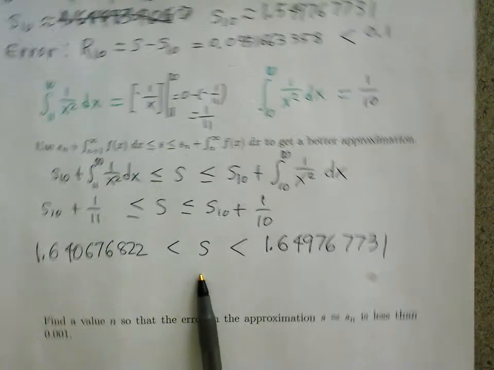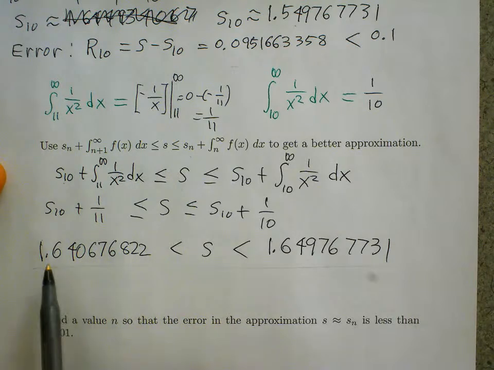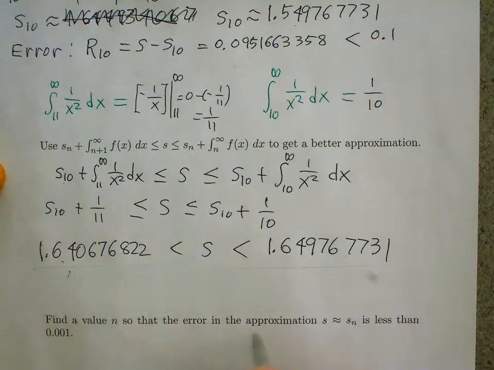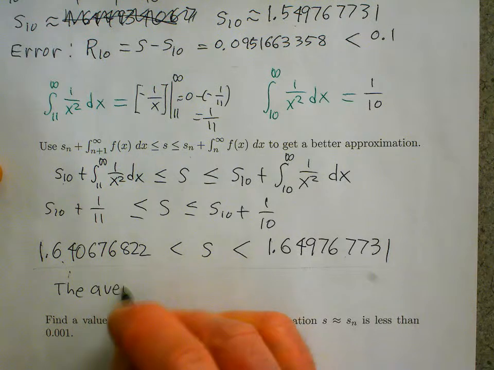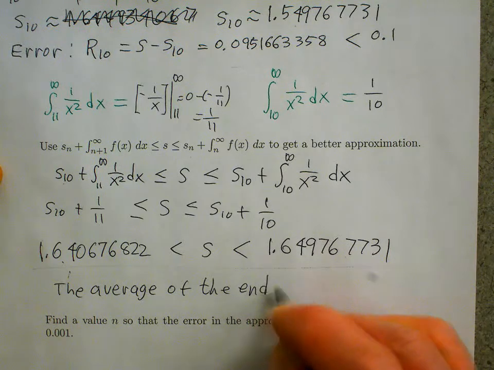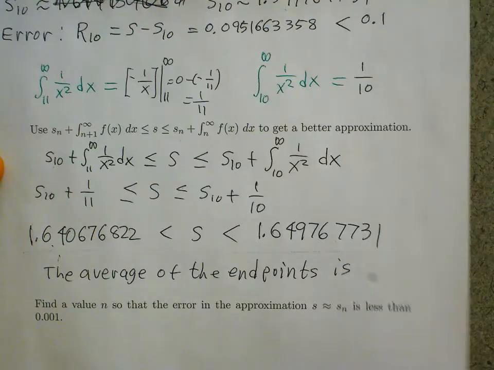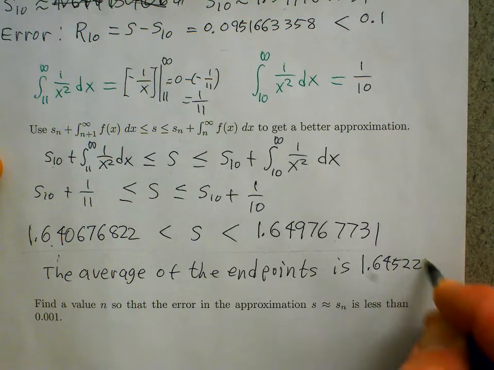Okay, but to get a better approximation using these numbers, just take the average of the number on the left and the number on the right. So add those together and divide by 2. I'll just write it as the average of the endpoints is 1.6452222 and so on.